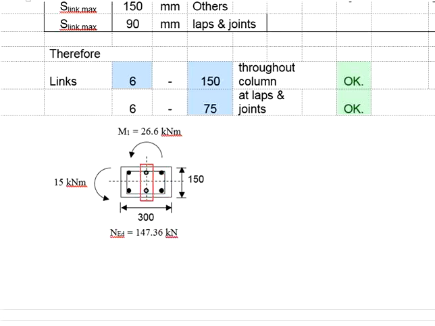These two H12 fall in the neutral axis of the major axis. That means these two reinforcement bars are not functional in resisting the major axis moment. Therefore, we cannot consider the contributions of these two H12 in the major axis.